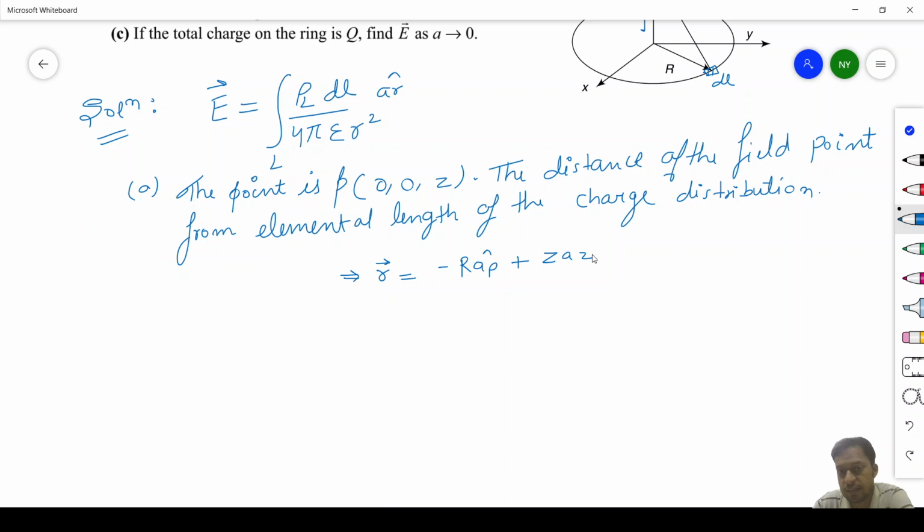Since it is like a cylinder, radially outward, the radius is R but the direction is a rho, or sometimes it can also be written as ar. So according to this question we will write it as ar.